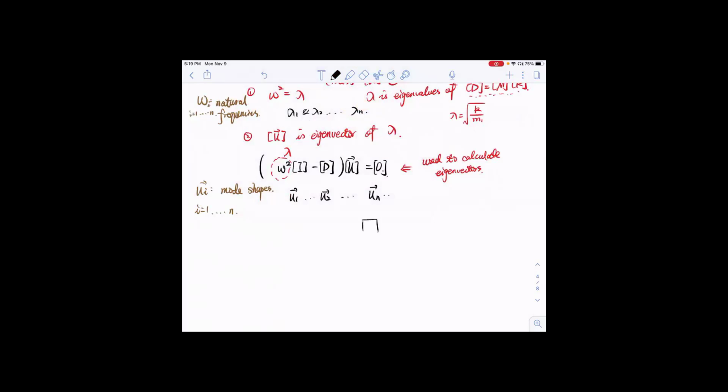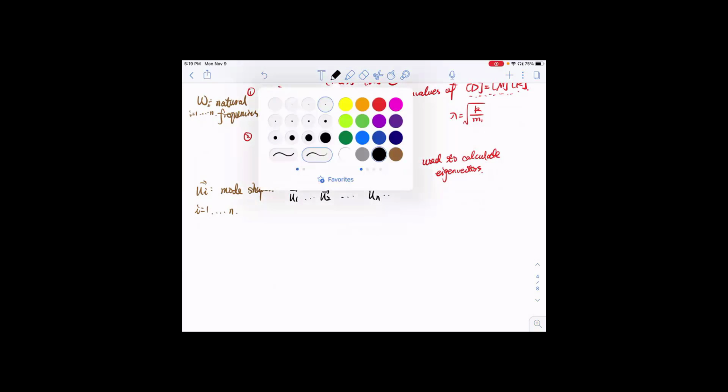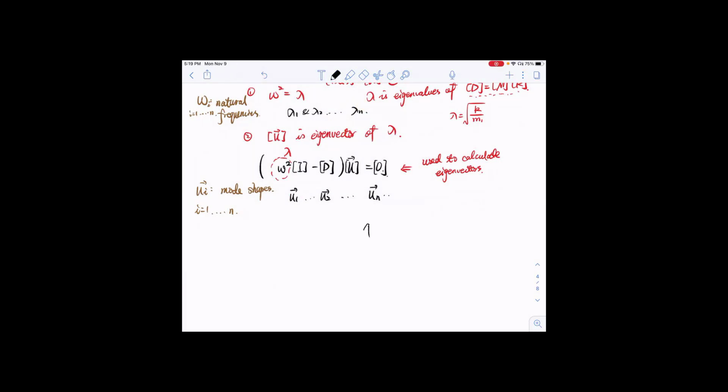Let's use a simple system, for example. Or I should use another one, which is more clear. If you have a ball, M1, M2, and they're connected by three strings.